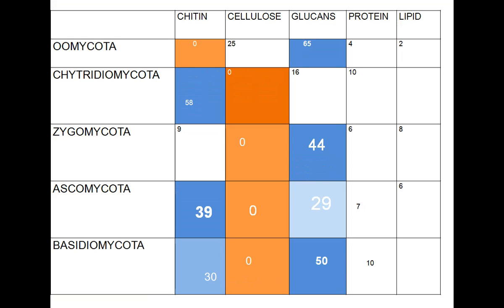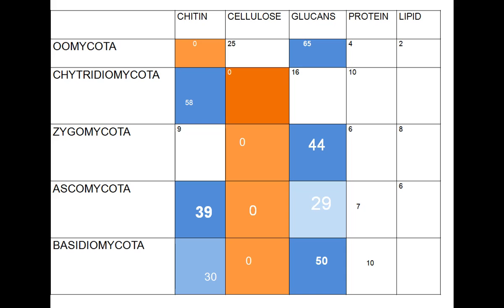This is the configuration of the cell wall in different divisions of fungi. The oomycetes have mainly glucans and cellulose. Chytridiomycetes have chitin 58% and cellulose is absent.